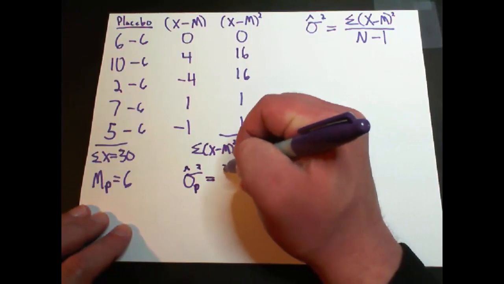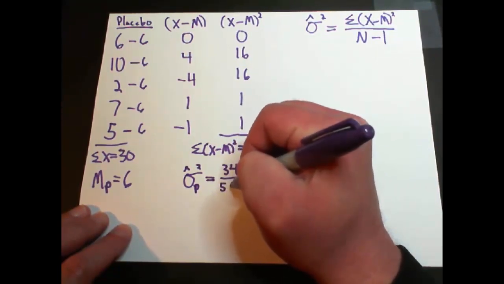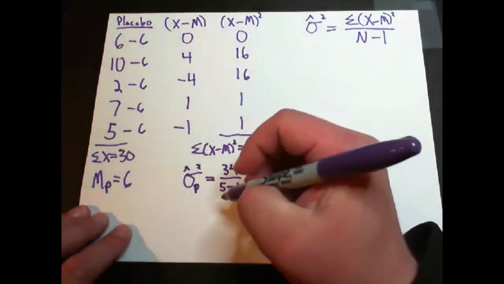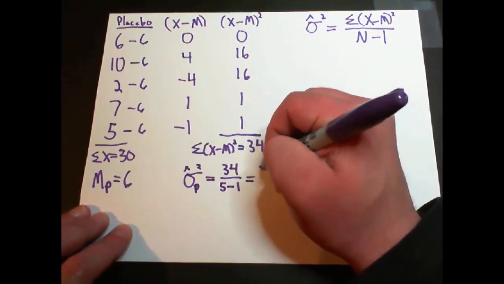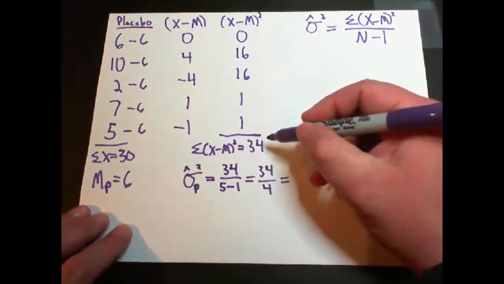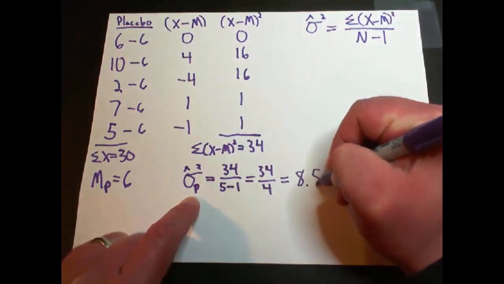So that's going to be 34 divided by 5 minus 1, and here n is 5. 5 minus 1 is 4. And so our estimated population variance for the placebo group is 8.5.